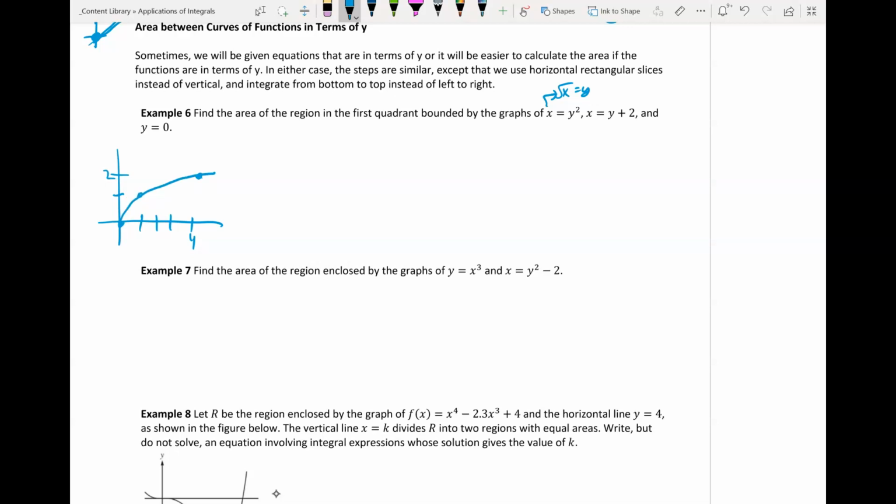Looks something like that. And then if you want to know what this looks like, you just rearrange and solve for y. And that would be x minus 2, so it's the same graph as before, as you can see. Something like that. And y equals 0. So here's the same graph as before.